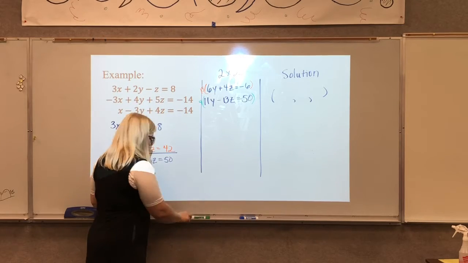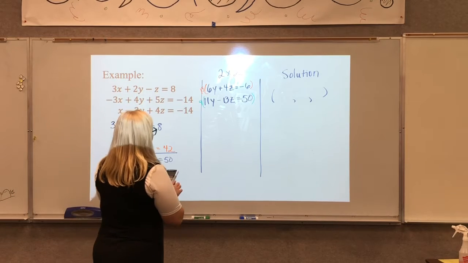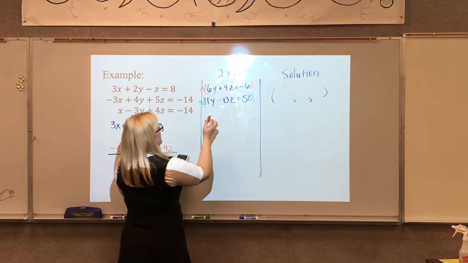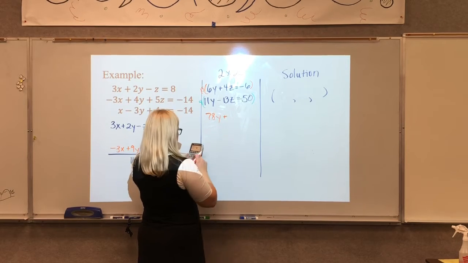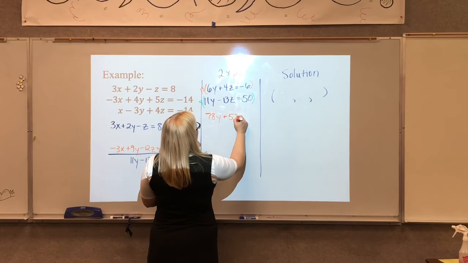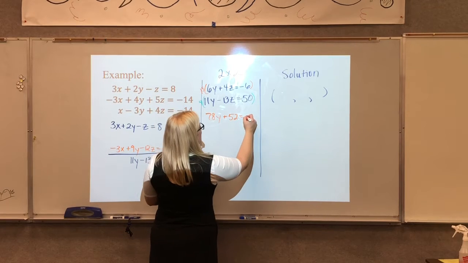All right, so let's see, what is 13 times 6? It is 78. So I've got 78y plus 4 times 13 is 52z equals 13 times 6 is negative 78.